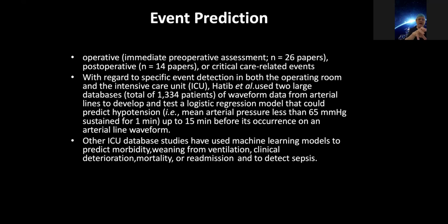So there are a lot of these database studies now using originally artificial intelligence, now a lot of machine learning models. That's why you see a lot of studies now published where they use huge databases. They feed the data in there and then try to come up with some machine learning models to detect and predict morbidity, weaning from ventilation, things like readmission, sepsis is a major objective for artificial intelligence.